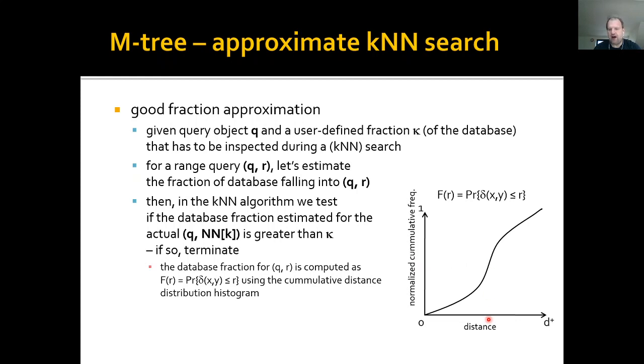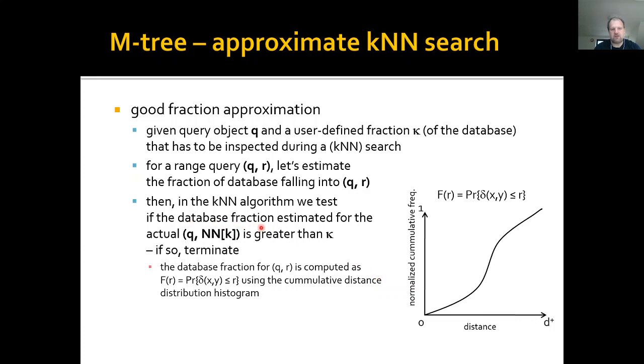So if we have r equal to this value, we know from this function that most of these queries need to search, let's say, half of the database. Then if we already processed half of the database, we stop.